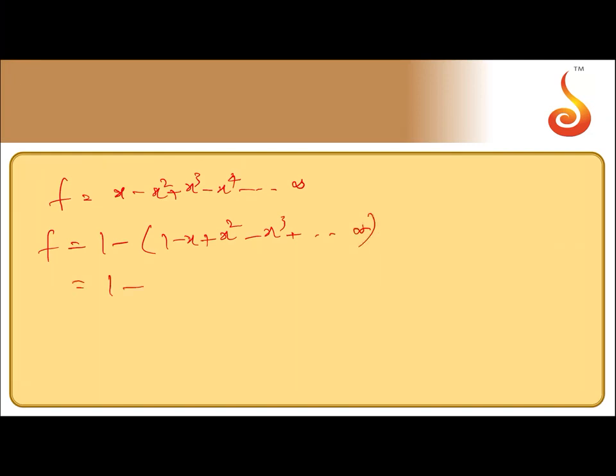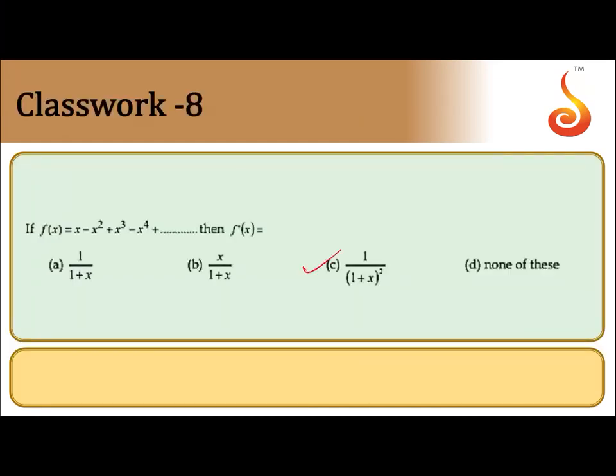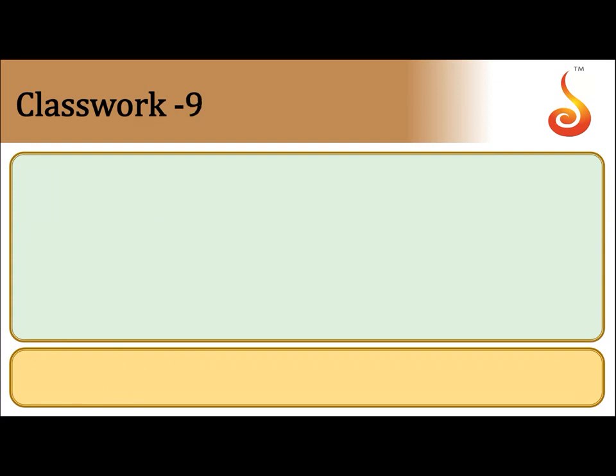I'm adding and subtracting 1, so that this is nothing but 1 plus x taken whole to the power of minus 1. And therefore the derivative of this is 1 derivative 0 minus 1 into minus 1, 1 plus x to the power of minus 2. So the answer is 1 by 1 plus x taken whole square.